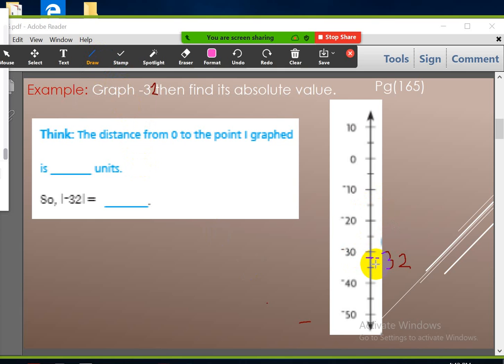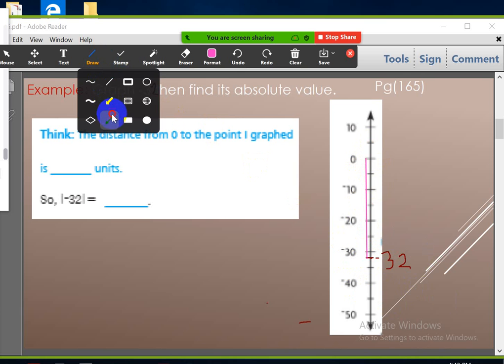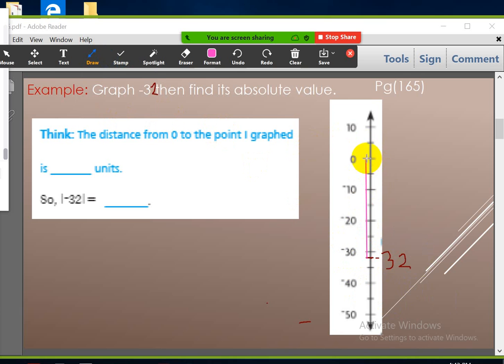That means I have to measure the distance between, what is the point that represents -32? This is the point, here. And what is 0? This is 0. The distance between the 0 and the point. This is the absolute value.